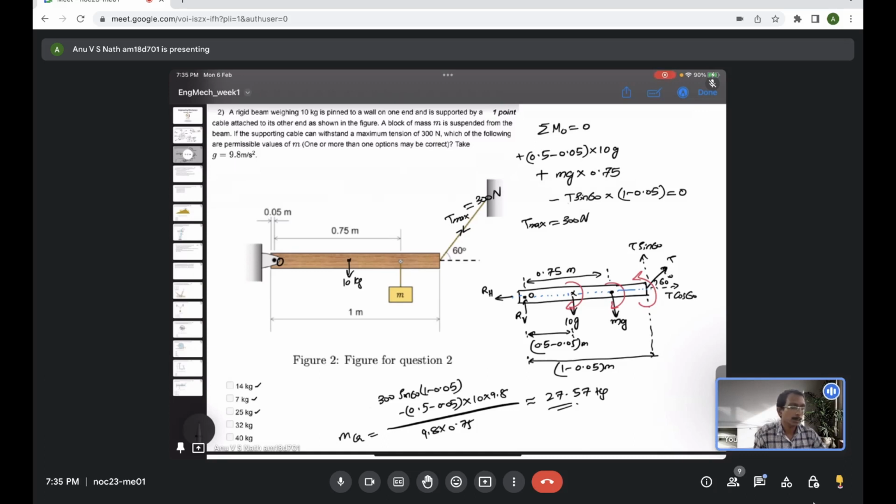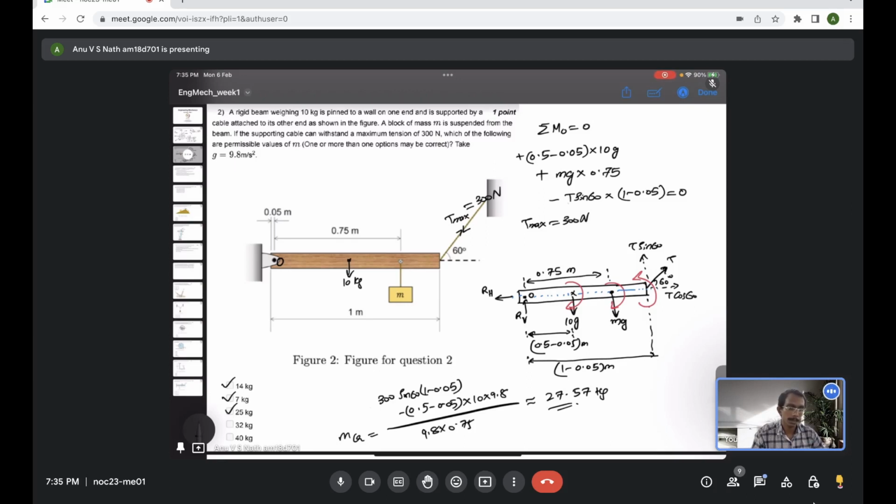So the possible values according to the options: 14, 7, 25, everything is possible. 25 kilogram is of course possible. 7 kilogram is lesser than that, also possible. 14 kilogram is also lesser than the critical value. Immediately 25 is clear, but 7 and 14 are also possible because it's lesser mass, right?